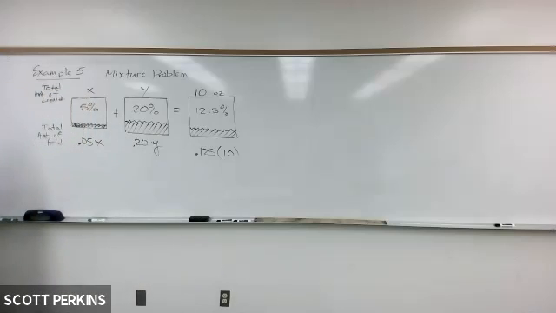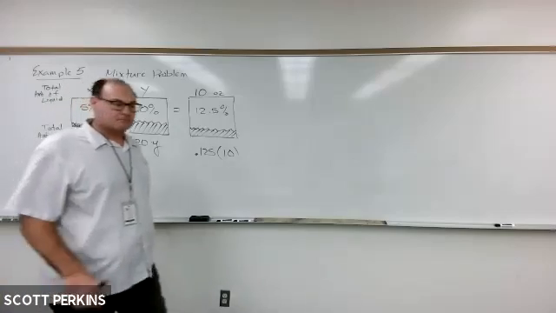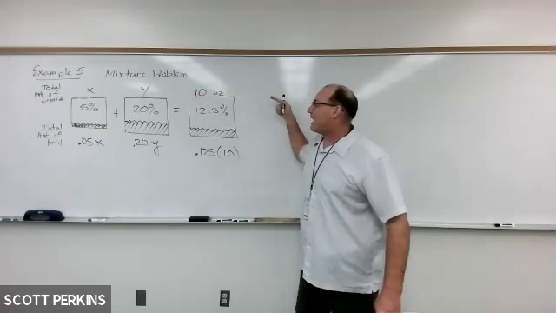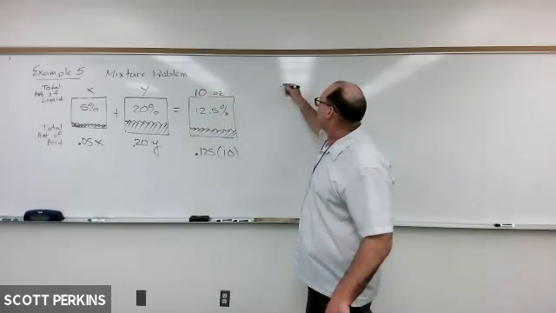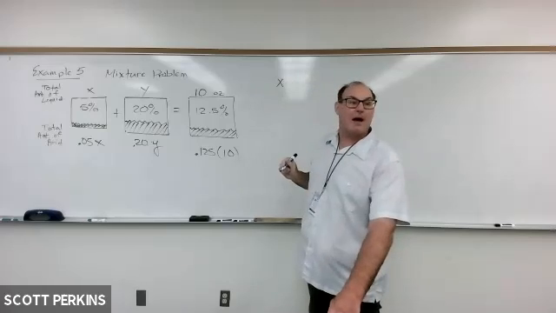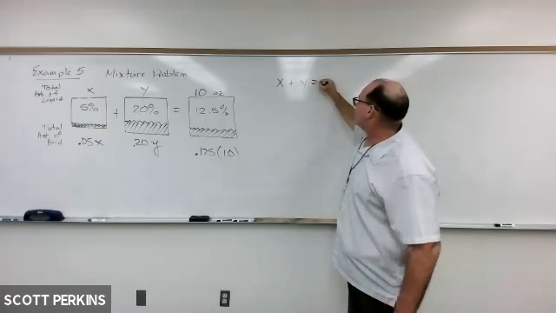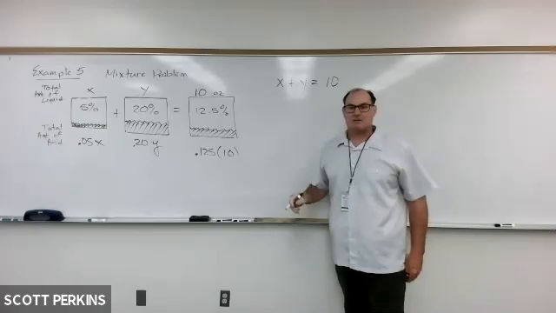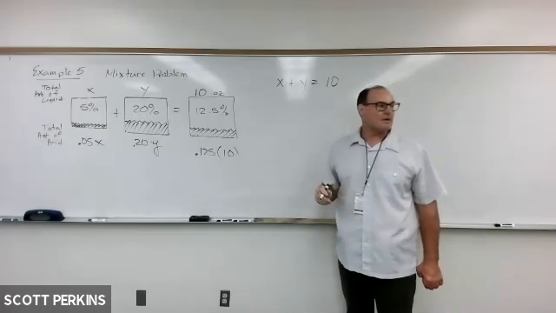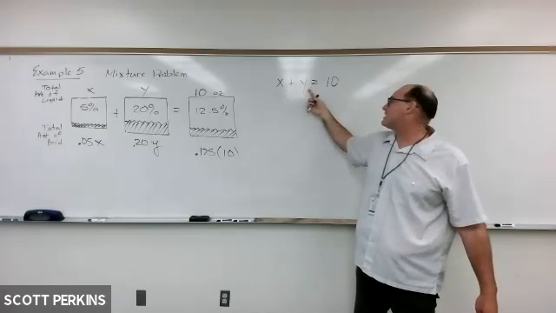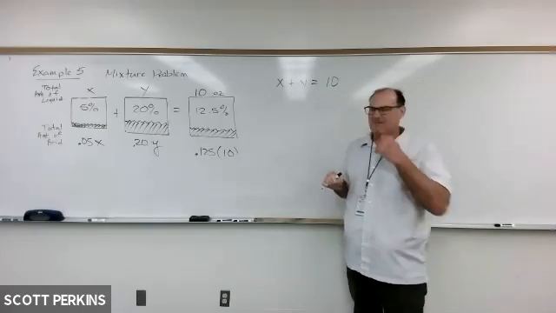And now I have the information to make my two equations. The top equation is this. I'm just going to read across the top and the bottom of the box. The amount of liquid in my first box plus the amount of liquid in my second box has to be equal to 10 ounces. The amount the first box contributes plus the amount the second box contributes has to be 10 ounces.